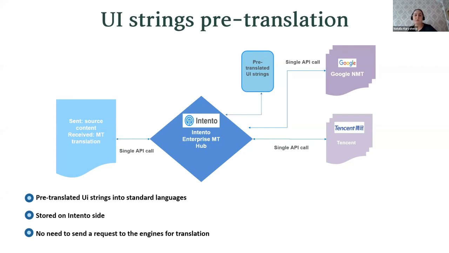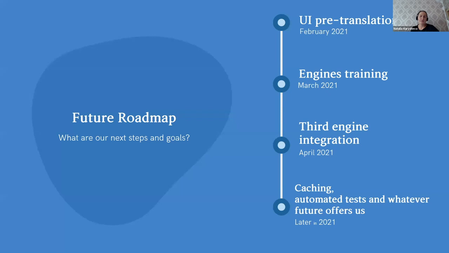Our UI strings will be translated into 9 standard languages as well. So you can see here UI translation is in our roadmap for the future. We plan to have them implemented in February this year.